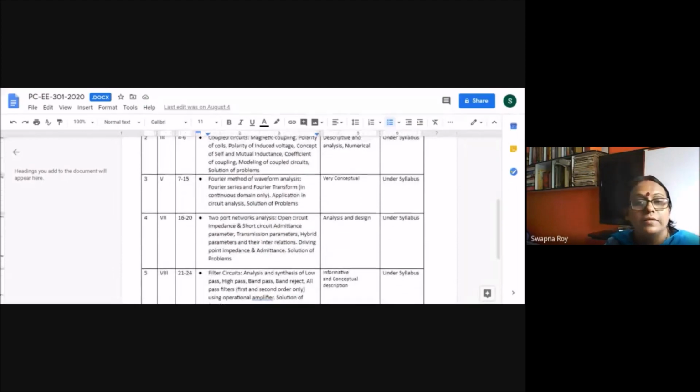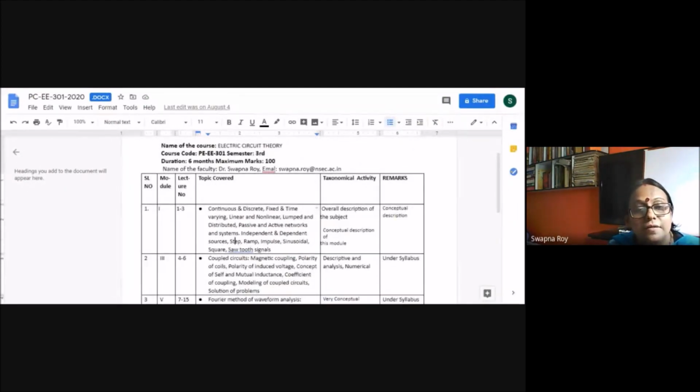So in the first part, in module 1, we have this syllabus: step signal, ramp signal, impulse, sinusoidal, square, sawtooth signals.